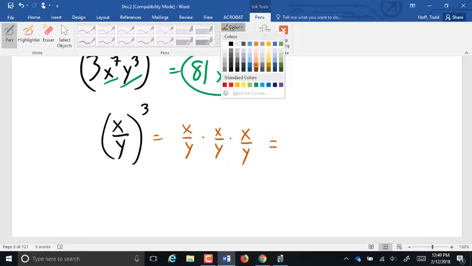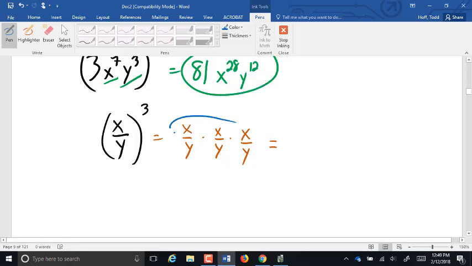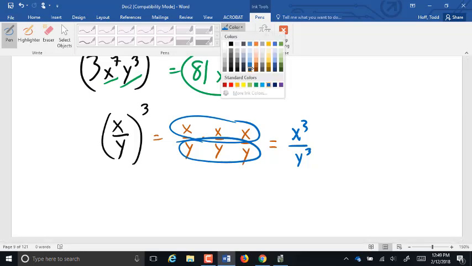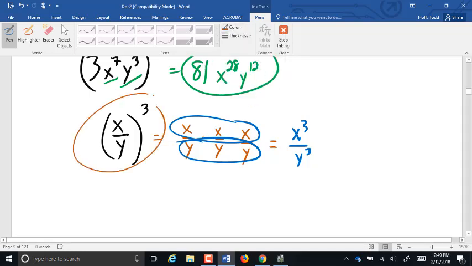But when we multiply fractions, we're just going to multiply numerators. What's x times x times x? X to the 3rd. And y times y times y? Y cubed, or y to the 3rd. So we can see what happens there when we're taking a power of a fraction. We can just do the numerator to that power, then the denominator to that power.